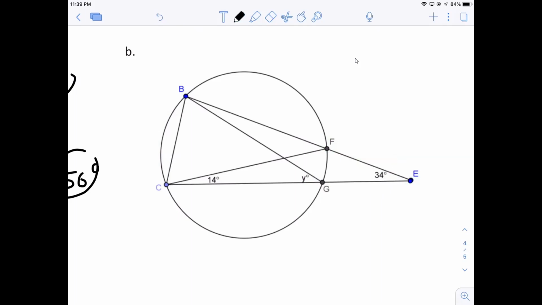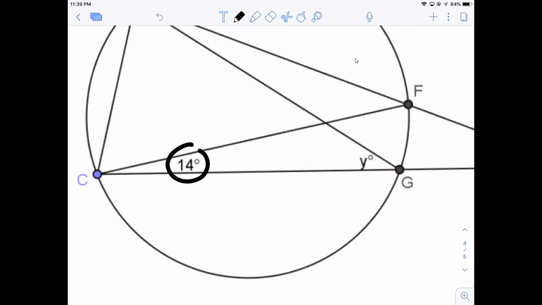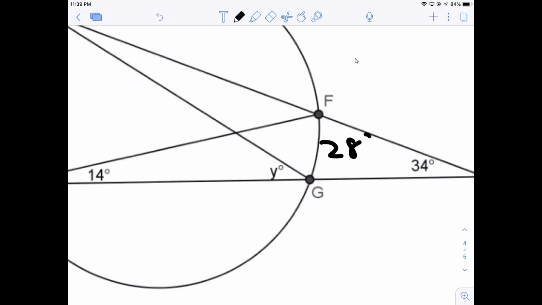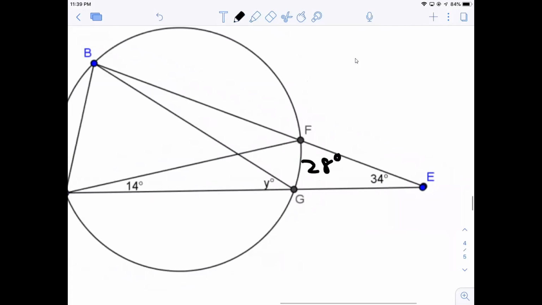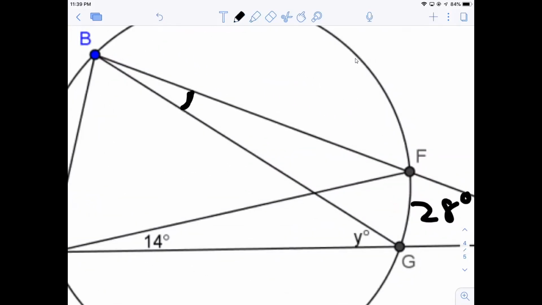But what I could do is use the 14 degrees. So that's 14 degrees, which means this is 28 degrees. And what else do we have? That's 28 degrees. That means that angle is also 14 degrees.